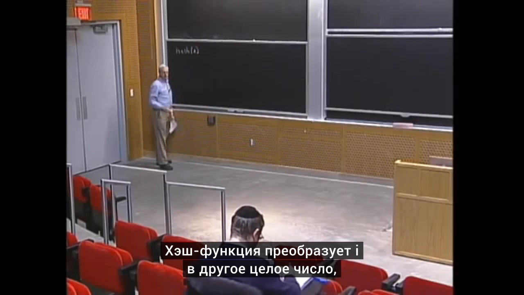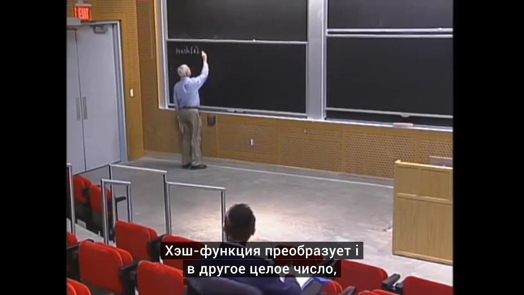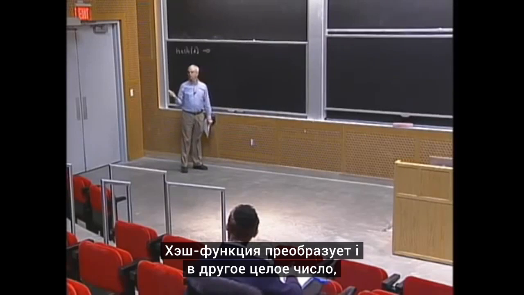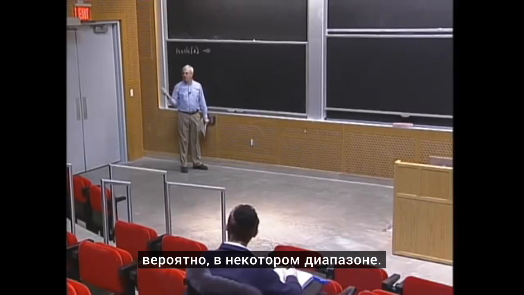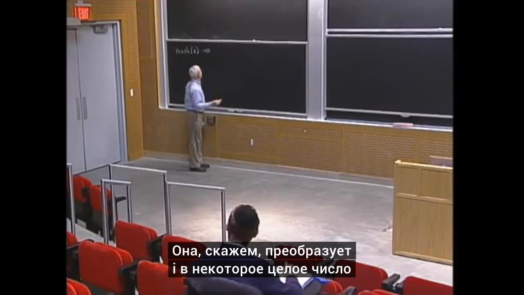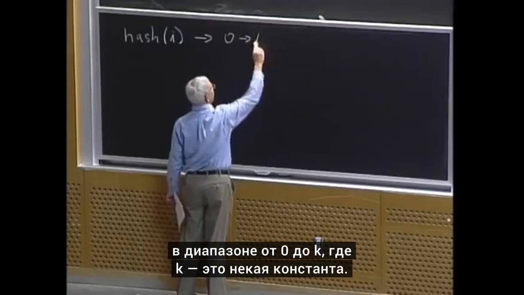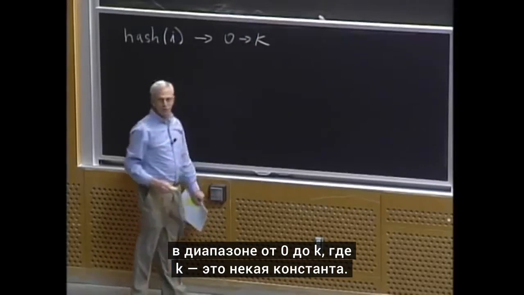And what a hash function does is it converts I to a different integer, perhaps, in some range. So it, say, converts I to some integer in the range 0 to k for some constant k.